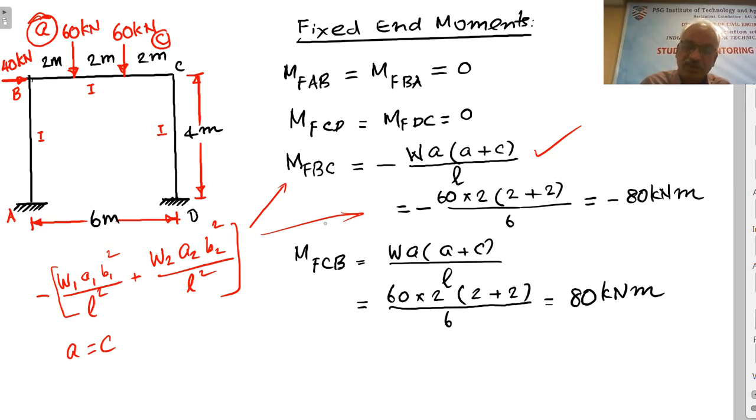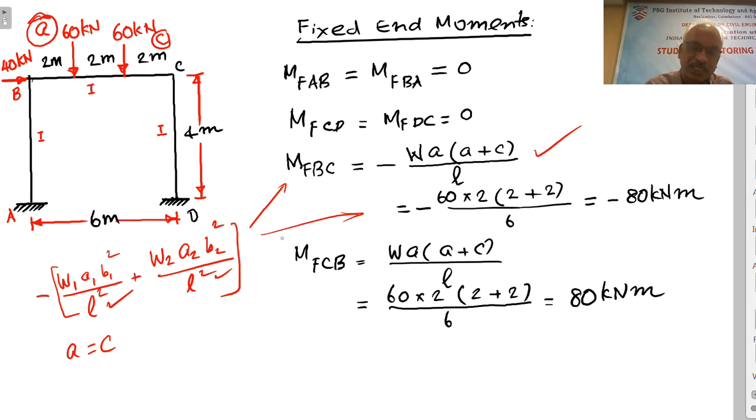And M of CB equals plus W into A plus C by L, so we need not get confused. This will give the correct answer.